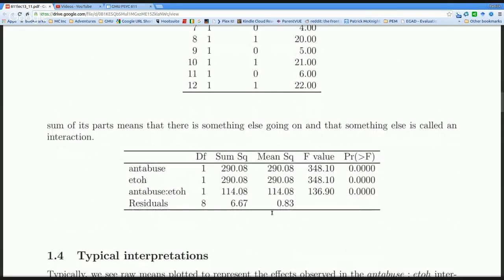And if I run a standard analysis of variance, this is what I get. From this model I get a main effect that is significant.